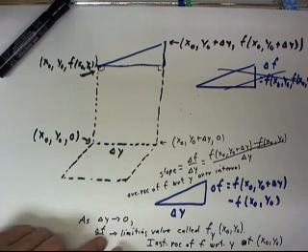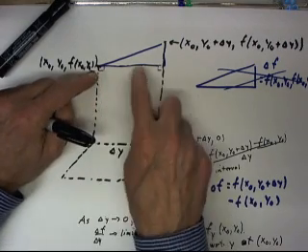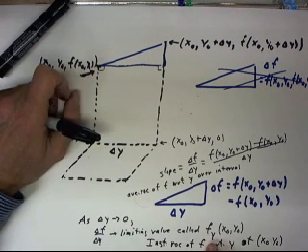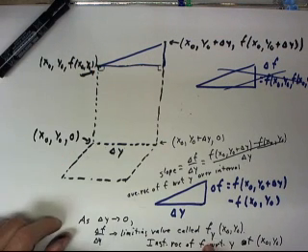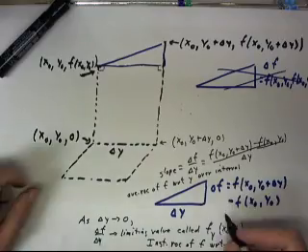So we've seen that the limiting value of the slope, with respect to the y direction of this segment, is what we're going to call the partial derivative of f with respect to y at that point.